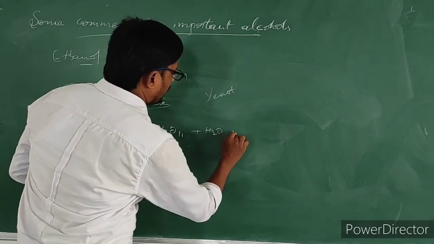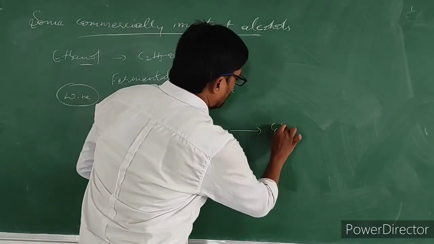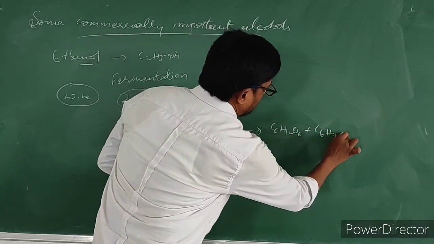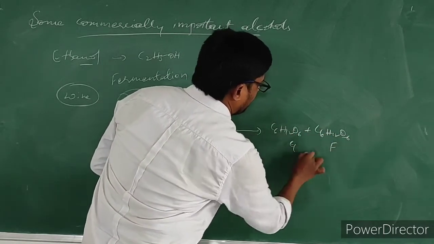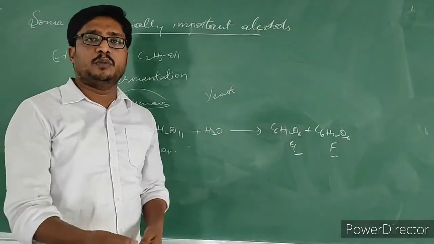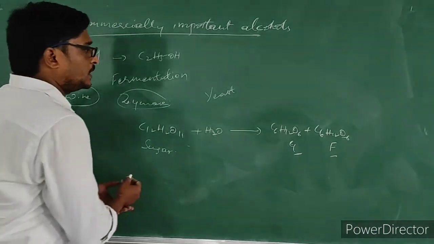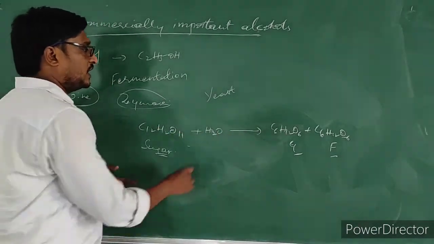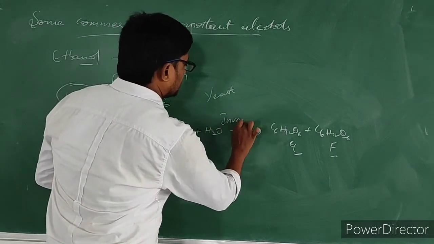If it undergoes hydrolysis, it will produce glucose and fructose. Either glucose or fructose can be taken to form ethanol. For conversion of this sugar into glucose and fructose, we use the enzyme invertase.